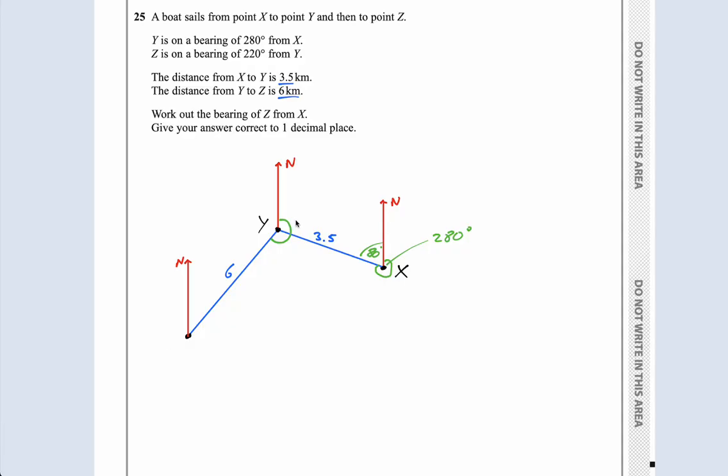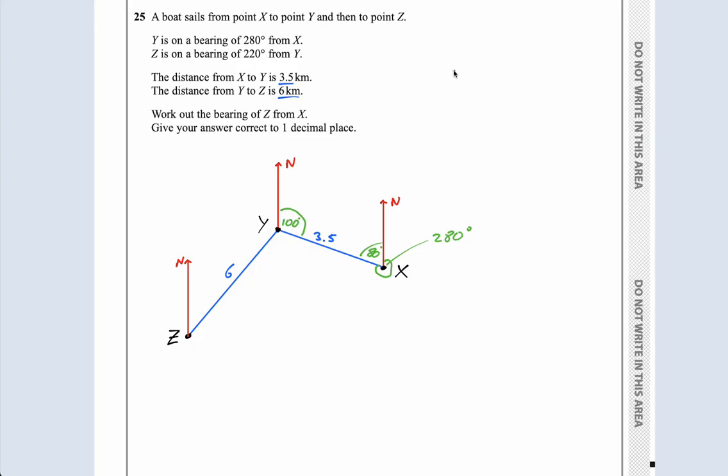That is my 220. But I know, and this comes up a lot, guys, with bearings, these are angles with parallel lines. So this angle and this angle are actually what we call co-interior angles. So that angle there is 100. It's 100 because this plus this has to equal 180.